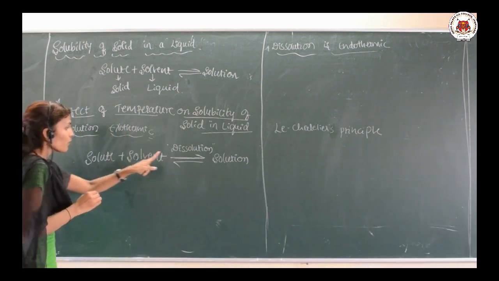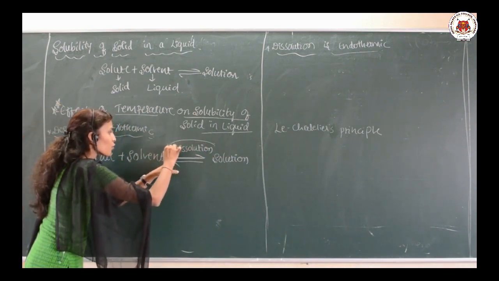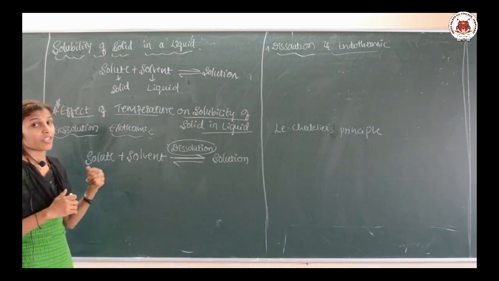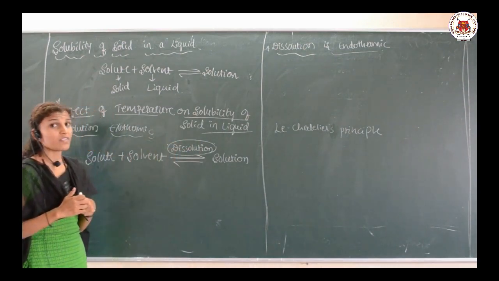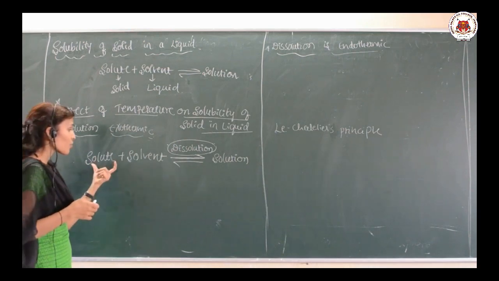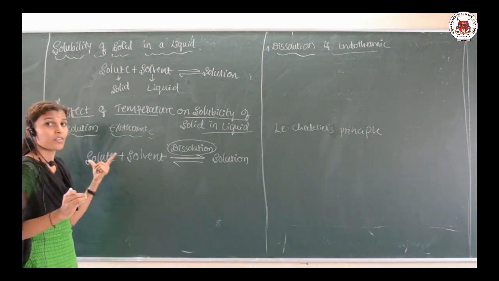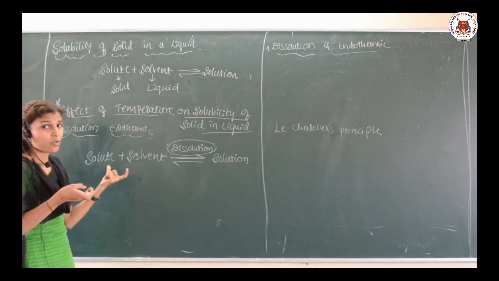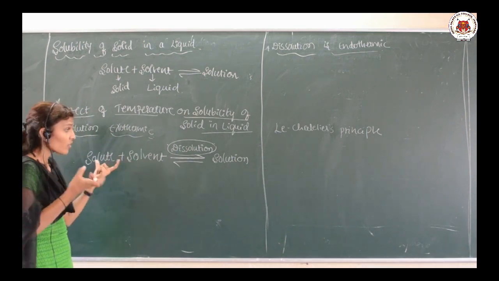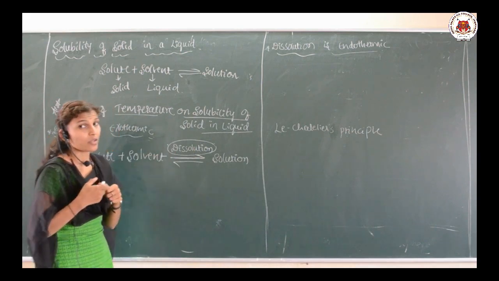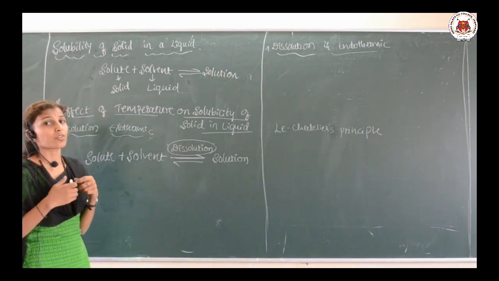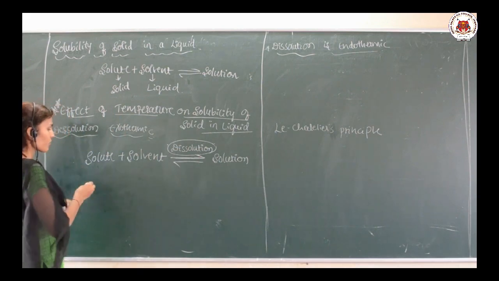Now if this dissolution is exothermic, as we are dissolving solute in a solvent, the concentration is going to increase. This process is called dissolution, and this dissolution is exothermic. So what happens?